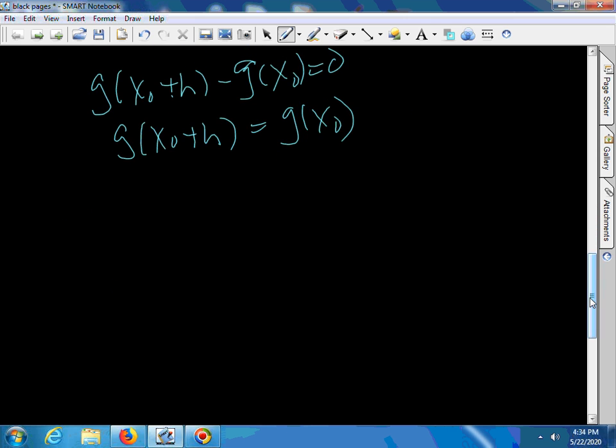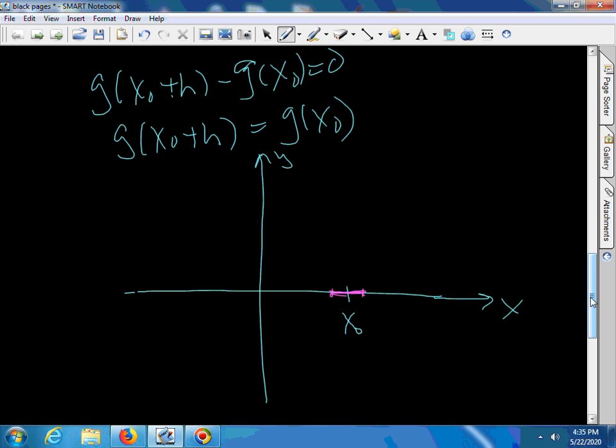If g is a constant function, then this proof that I just gave you isn't valid for this constant function. But worse yet is the following. Suppose here is x0, and suppose around x0 you have a neighborhood around x0 where the g function is constant.